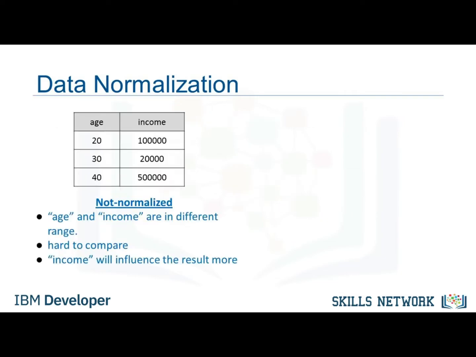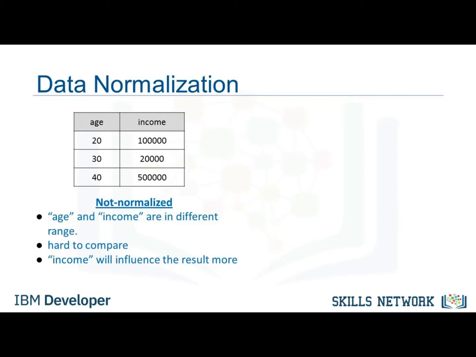Here is another example that will help you understand why normalization is important. Consider a data set containing two features, age and income, where age ranges from 0 to 100, while income ranges from 0 to 20,000 and higher. Income is about 1,000 times larger than age and ranges from 20,000 to 500,000. So these two features are in very different ranges.